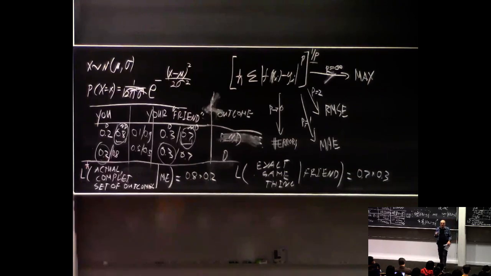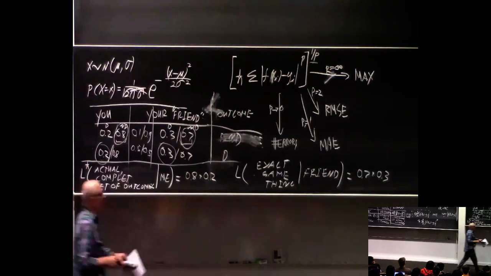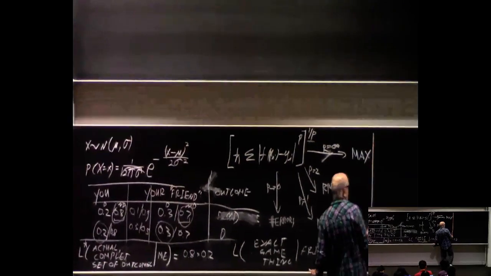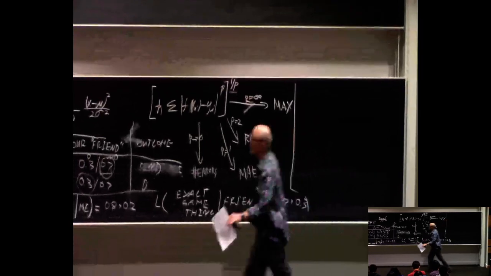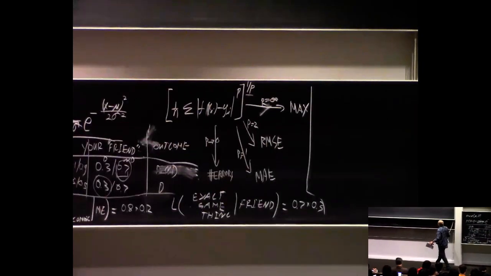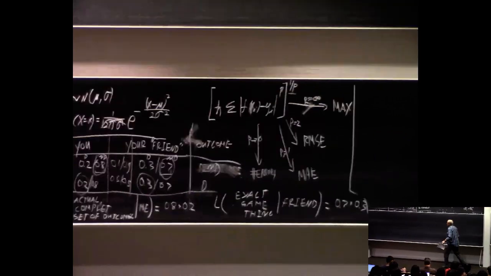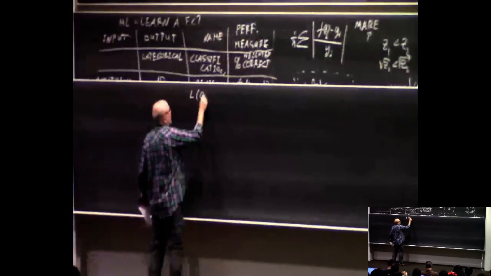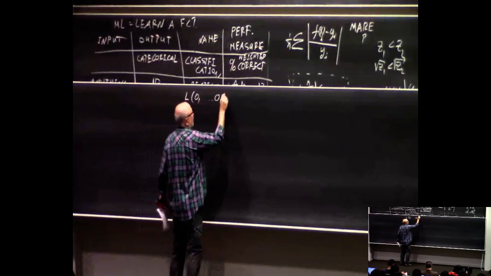You will see it often in a slightly different form. Can you guys see from there? Maybe I'll put it here. Let's take the likelihood of the outcomes, likelihood of outcome 1 through outcome n, given your model.